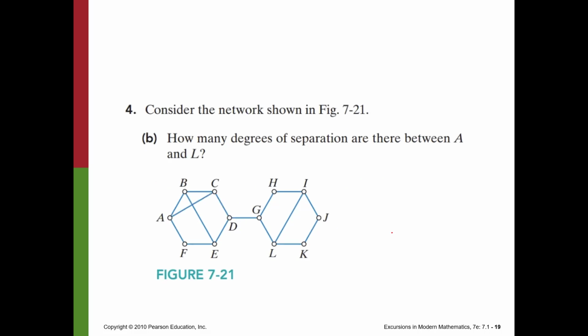How many degrees of separation are there between A and L? L is way over here, A is way over here, and what you can see is no matter what path we take, we have to go through D. And if we have to go through D, then the shortest route from there to there is 2. So now the question is, what's the quickest way to D?